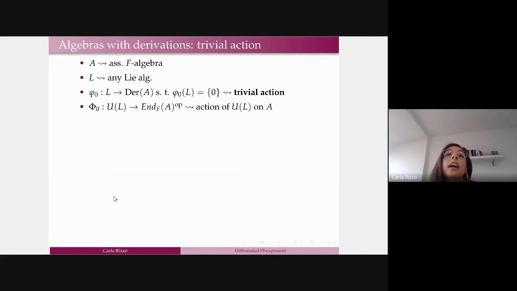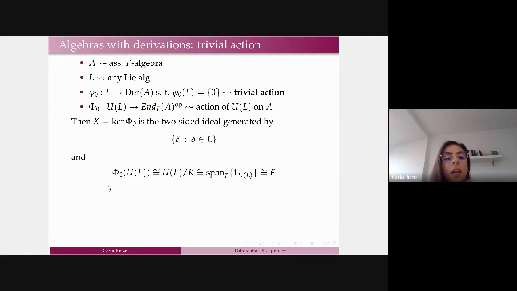So those acting non-trivially. To understand which is the image of UL through this homomorphism, we consider the kernel.